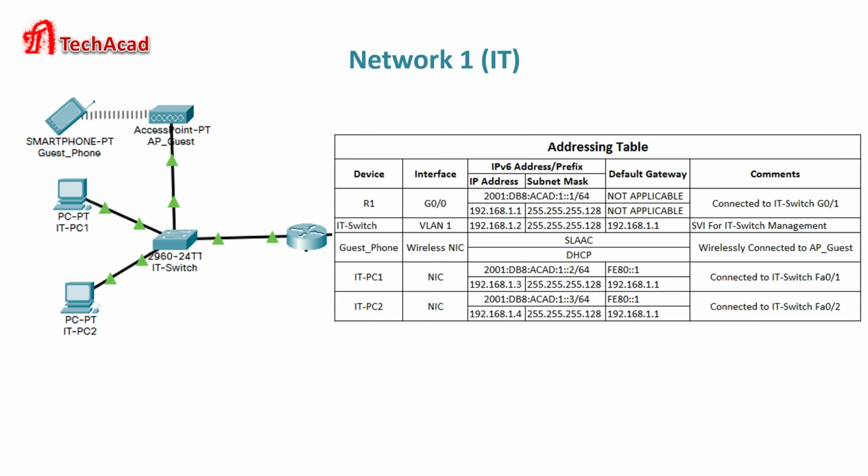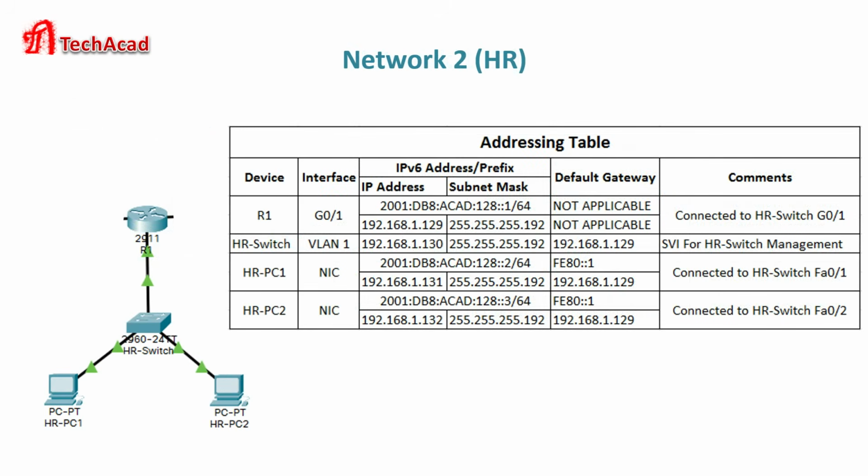Then coming to other PCs, that is IT-PC1 and IT-PC2, we can see its IPv6 address, then its IPv4 address, default gateway, and so on. Using this addressing table, we should configure the devices. Not only this network, we have network 2, that is HR.